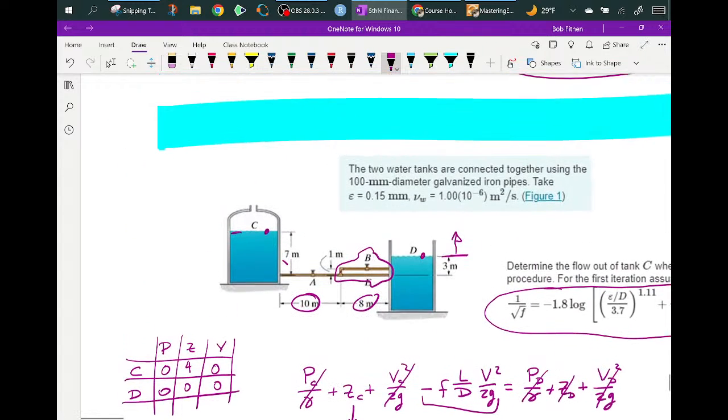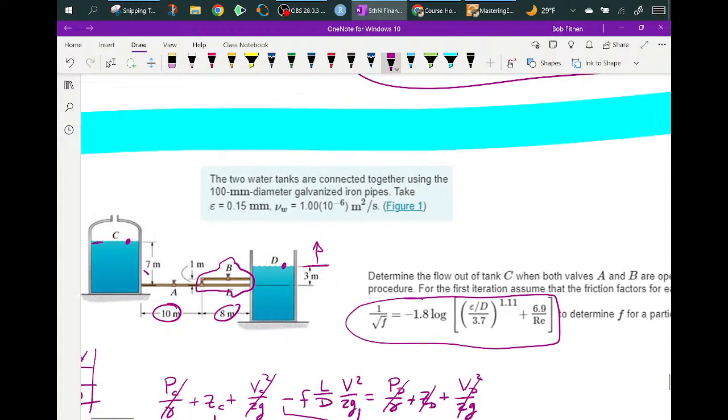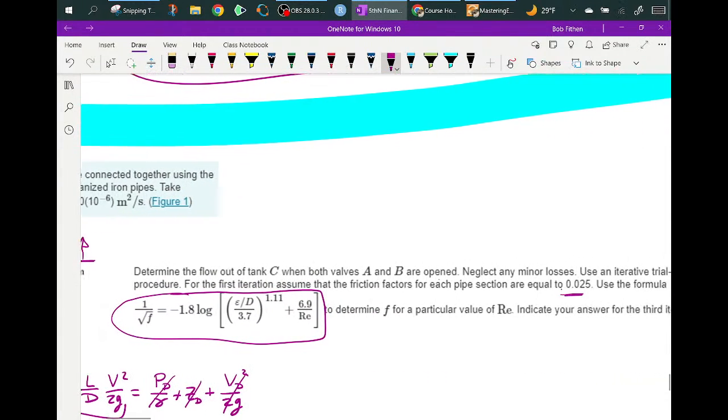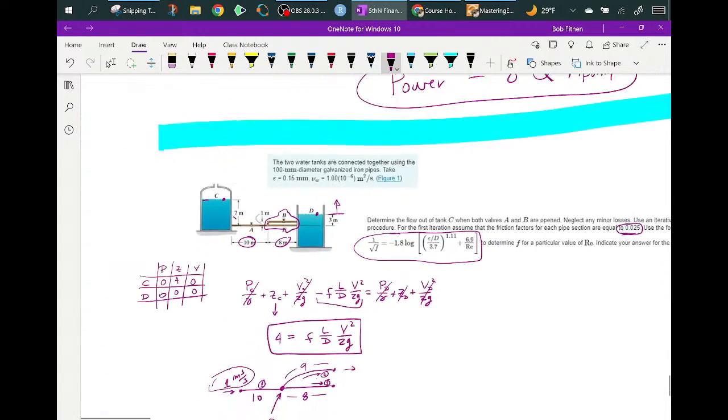Now, he says we're going to set the friction factor equal to 0.025 for both to begin with.